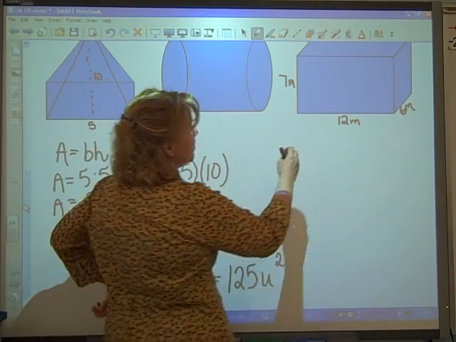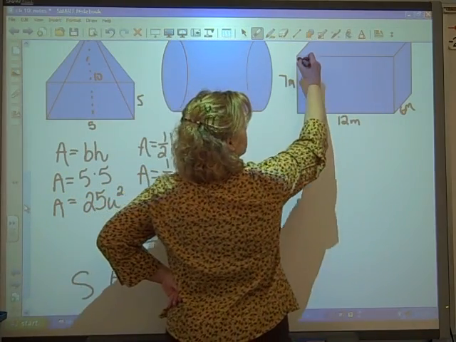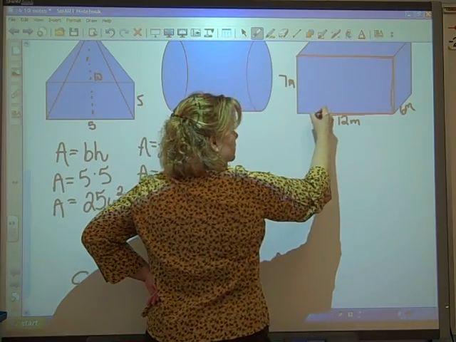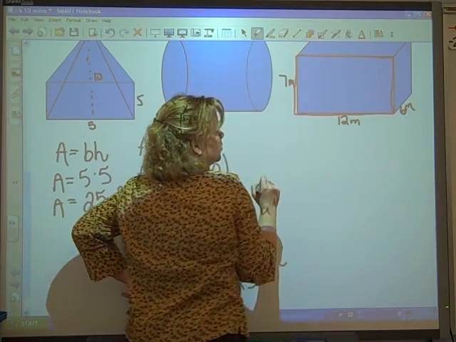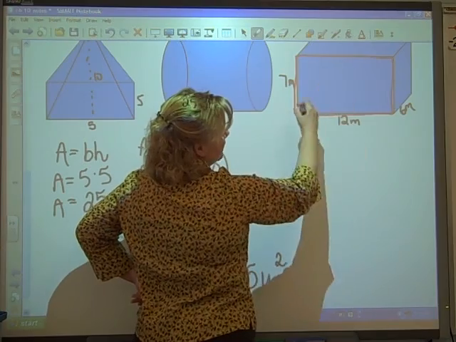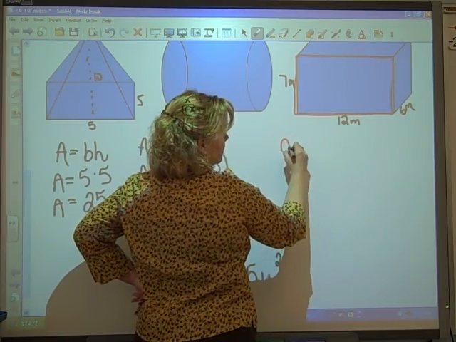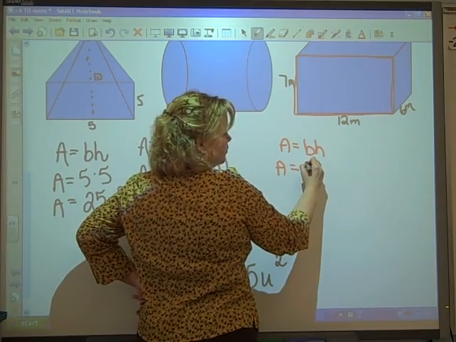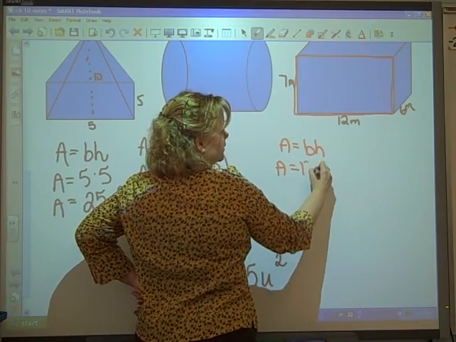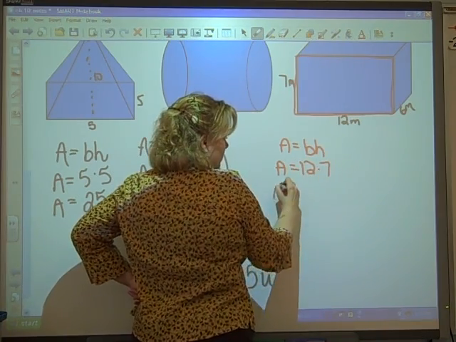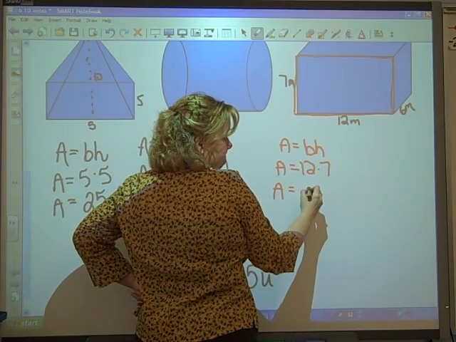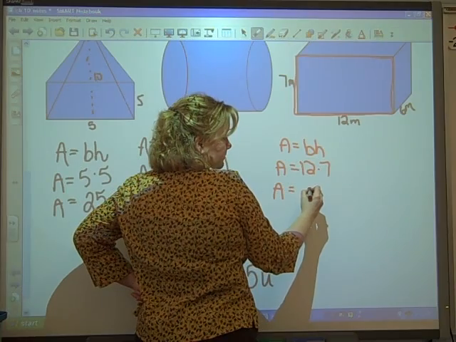Okay, so on this one, look at the front part first. So just look at this red square. Sometimes it helps to outline what you're working with. Okay, so if I find the area of the front, area equals base times height, area equals what? 12 times 7. Area equals what? 84.